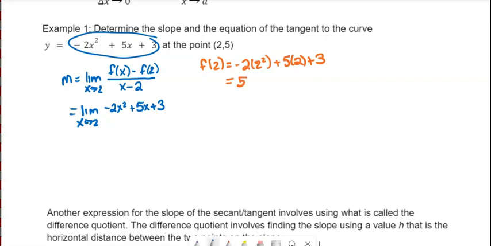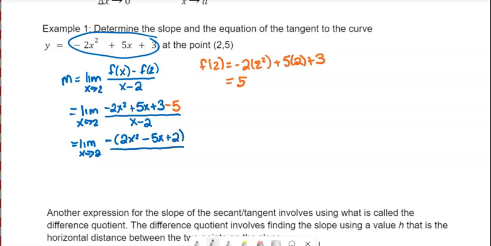So then I'm going to put in, I'll keep that in, as negative 5, all over x minus 2. Okay, I'm going to combine my like terms. And I'm actually going to get rid of this negative sign. This is just my personal preference. So 3 take away 5 is negative 2, but because I factored out that negative, I have a positive 2 in there.